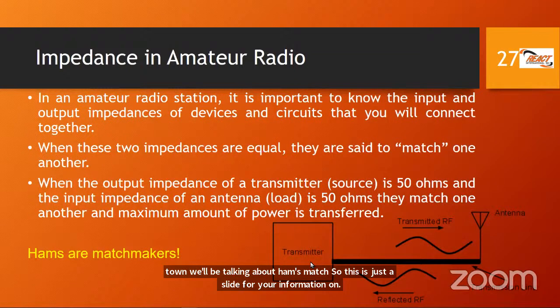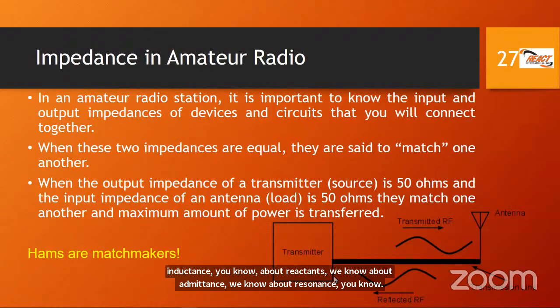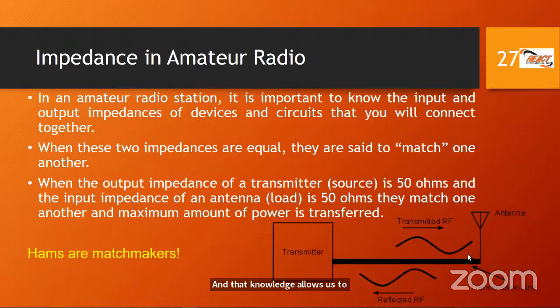We need to learn them and understand them, because when we adjust our equipment, those are the concepts we'll be utilizing in the back of our mind, the foundation, the theory that will allow us to operate our equipment properly. We know about resistance, capacitance, inductance, reactance, admittance, and resonance, and that knowledge allows us to use our equipment to match equipment together. So as we go on, those concepts will become clearer as to why they're important.